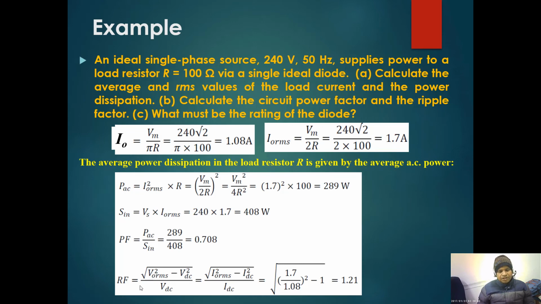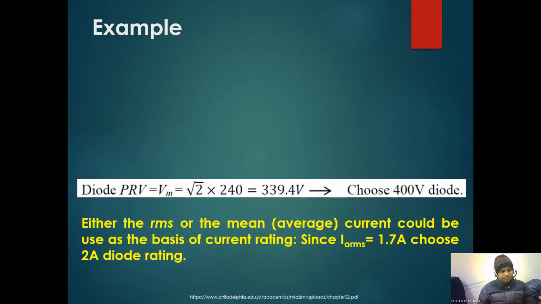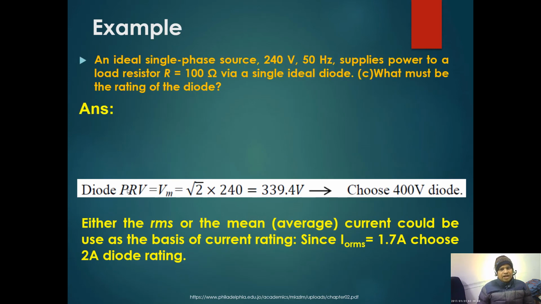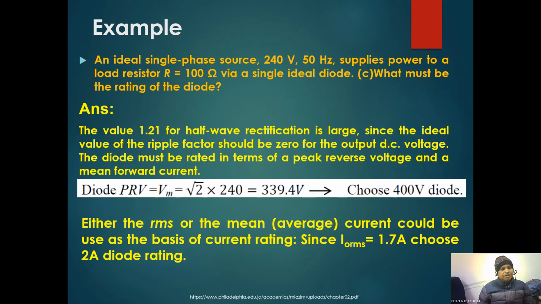Ripple factor is 1.21. So if you see the second part, it asks what must be the rating of the diode. The value of 1.21 for half wave rectification is large, since the ideal value of the ripple factor should be 0 for the output DC voltage.